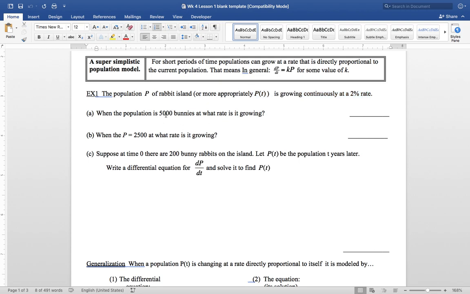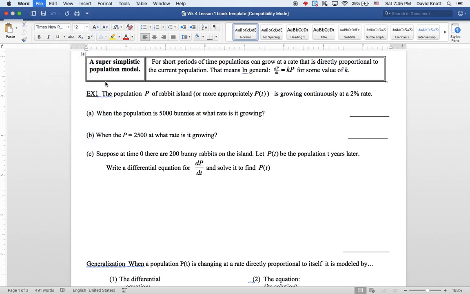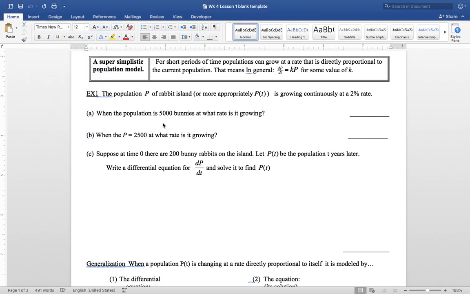So suppose there are 5,000 bunnies on the island. At what rate is the population growing? Well, we just have to ask ourselves, what is 2% of 5,000?